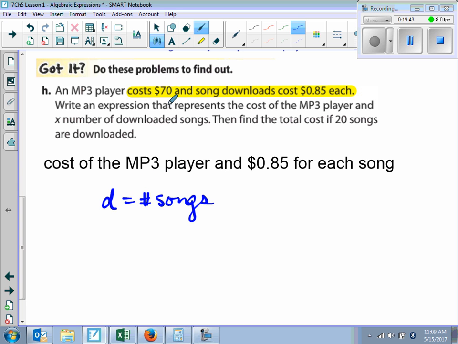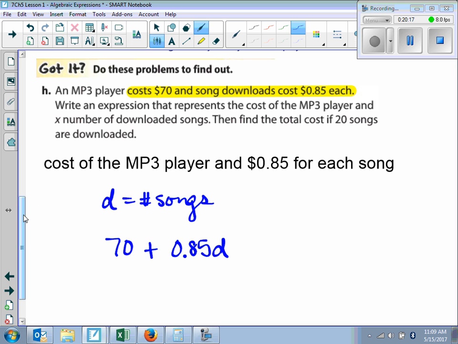So the cost of the MP3 player is $70. And so we're going to add to that 85 cents for each song. So this is going to be 0.85 for each song. That's times D for the downloaded songs. Is everybody with me?